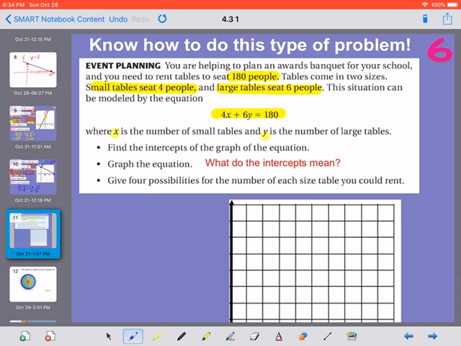So first step right here, it says find the intercepts of the graph of the equation. I'm going to start with my x-intercept. When y is 0, so we have 4x plus 6 times y, but y is a 0, equal to 180.